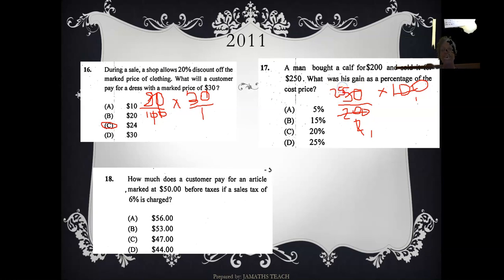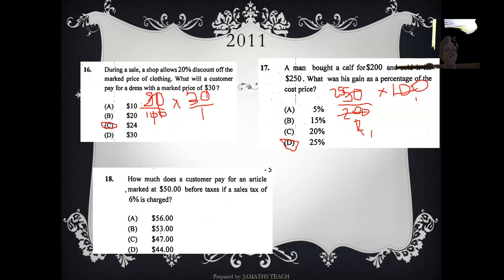So then, his gain as a percentage of the cost price is 25%.